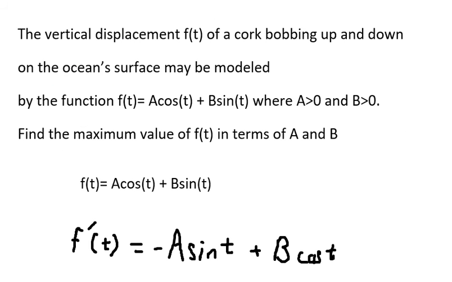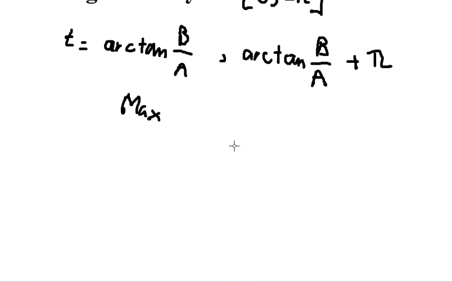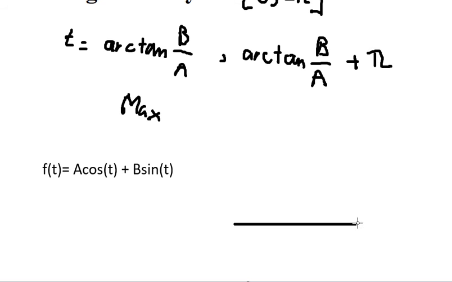After we have this one, we go back to this function. That means I will put this value here and this value here. However, we don't know exactly what is the value of cosine of arctan of b over a. And now I will draw the triangle in here.